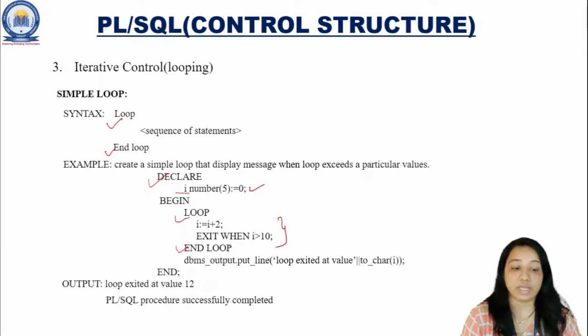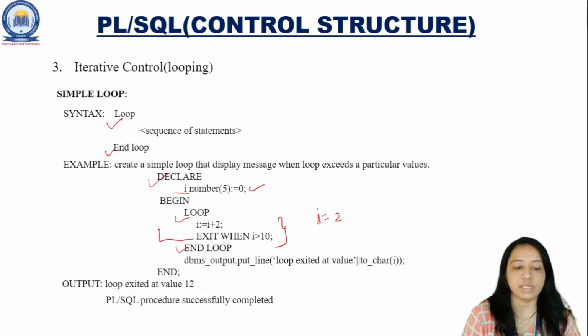Then it will check the exit when keyword. This is a checking condition: if I > 10 becomes true, it will exit from the loop, that means it goes to the statement after the end loop. The first time, I becomes 2, which is not greater than 10, so it continues and again does I = I + 2, so it becomes 4.